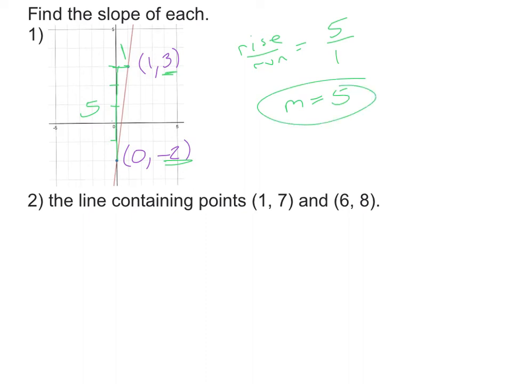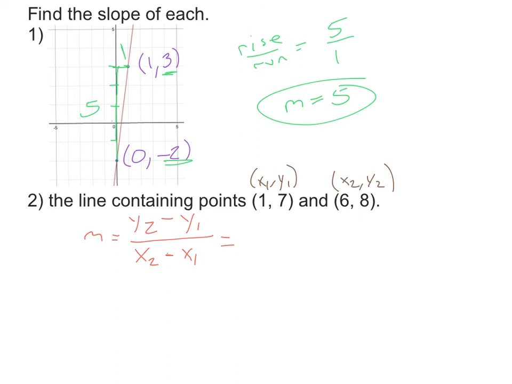On the second one, we have 2 points, so we want to use our equation, y2 minus y1 over x2 minus x1. And so it's really up to us what we want to consider y2 and y1. Let's make this first ordered pair x1, y1. We'll make this ordered pair x2, y2. And we want to plug these numbers into this equation.